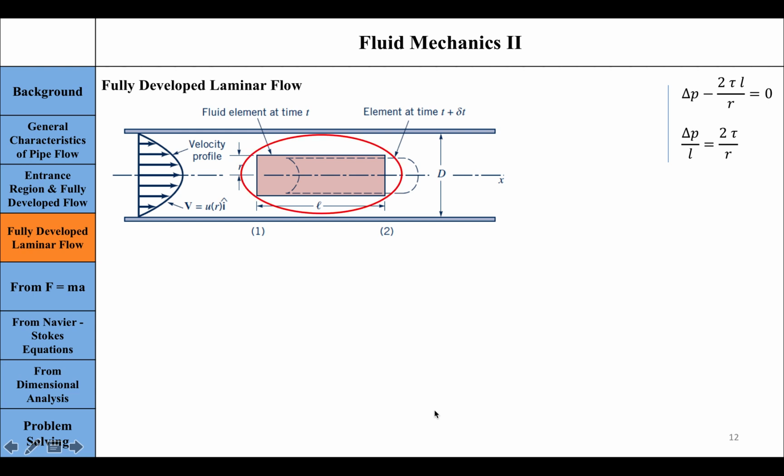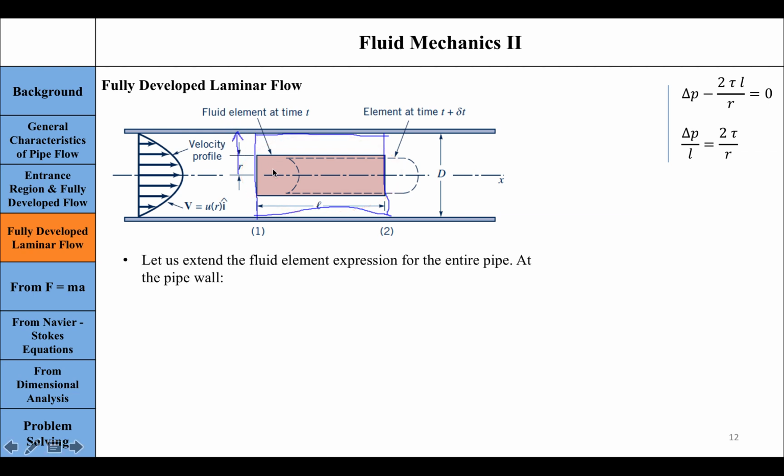What we need to do is that instead of just looking at the fluid element itself, we need to extend this expression for the entire pipe. So at the pipe wall, if we extended this fluid element such that it covered the entire pipe, what would be the radius of this fluid element? Right now it's r, but when it's extended all the way up top here, r is going to be D by 2, the total diameter of the pipe divided by 2.